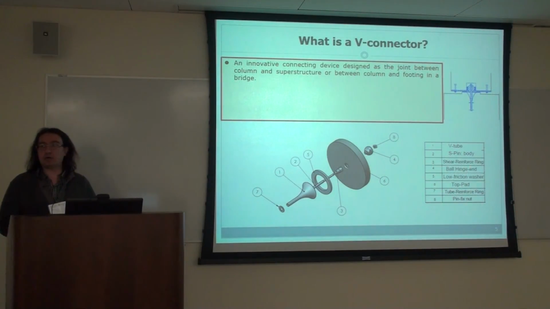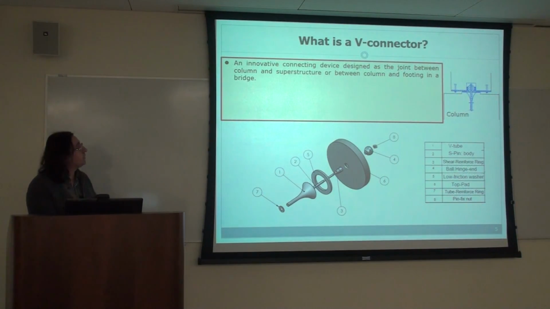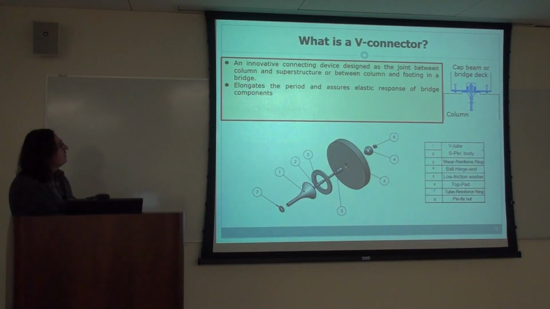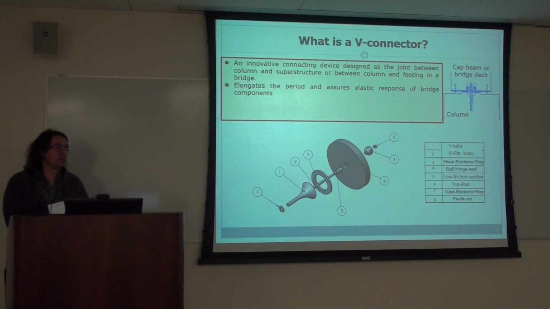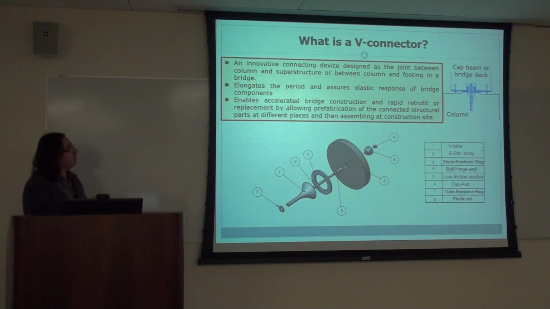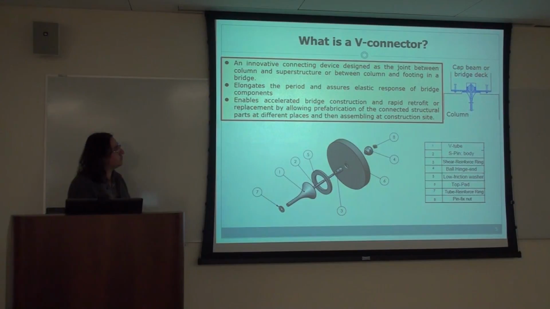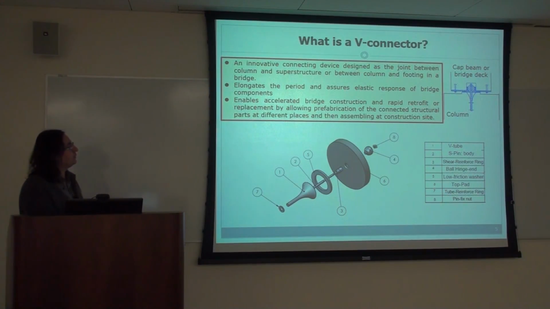And similar to any other isolation, this basically elongates the period, and the objective is to make sure that other bridge components are elastic. And then also it enables accelerated bridge construction and rapid retrofit or replacement.